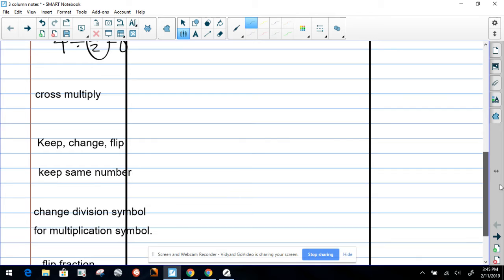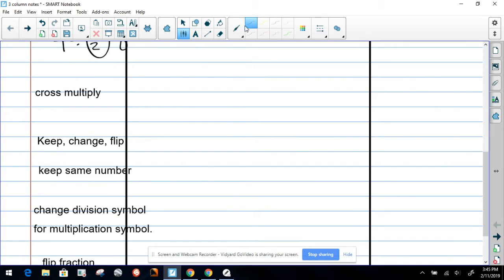Now we're going to do cross multiplying. So 4 divided by 1/2. Okay, so how do you do this? Well, the first thing you do is write the denominator under the 1. It's going to be divided by 1/2. And what you do here is multiply across.